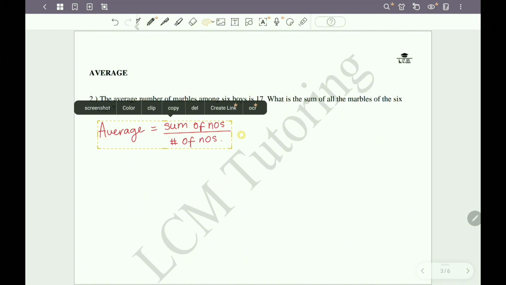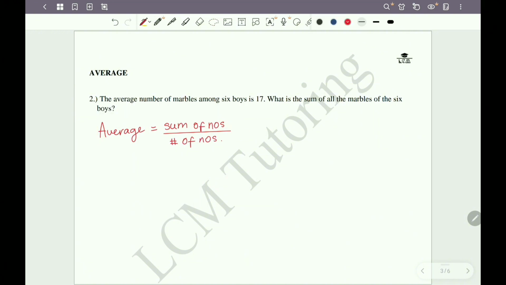So we know that the average is the sum of numbers divided by the number of numbers. And we also know that the definition of sum means you have to add up all the numbers.